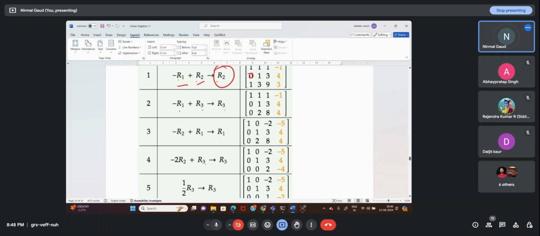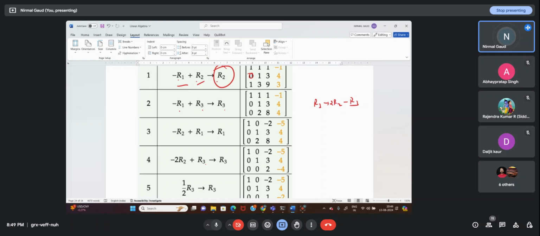One more term I want to make 0, this term. So I can multiply row 2 by 2, and row 3 equals twice row 2 minus row 3. I can use this technique also.